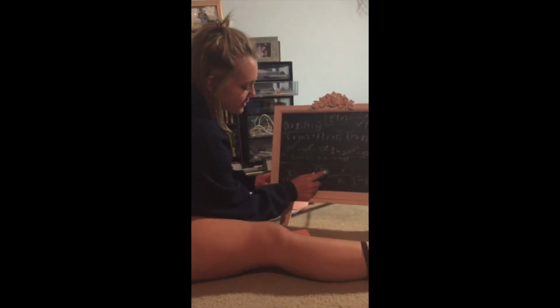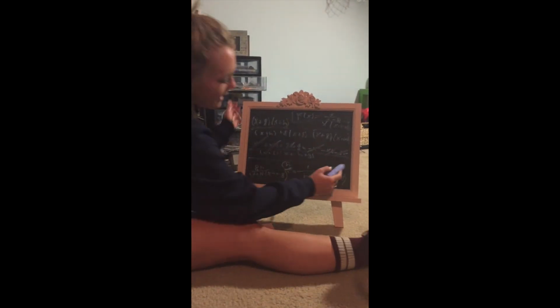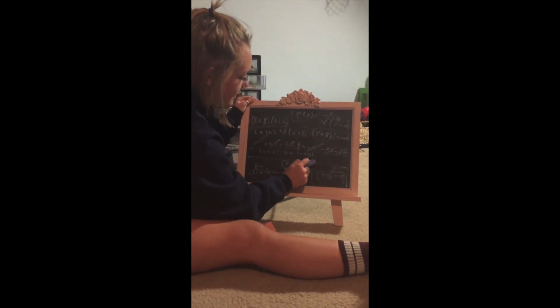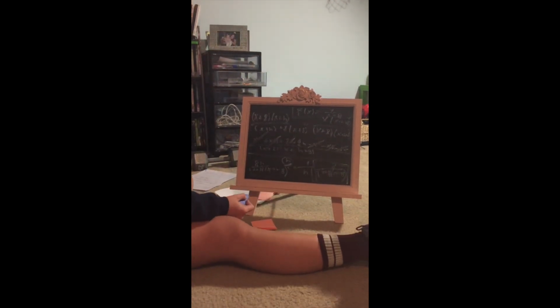So it's really h over 1, but you can multiply by 1 over h. And then you're left with 8 over x plus 8 times x plus h plus 8.